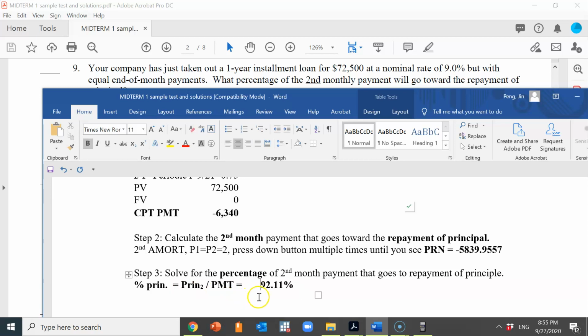We use the amount we saw from step 2, principal for month 2, which is negative 5839.9557.